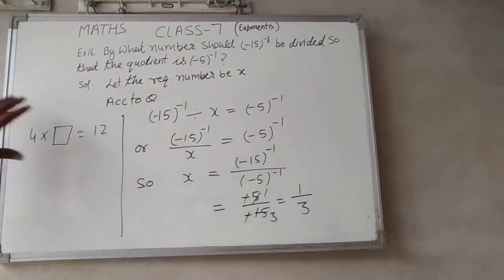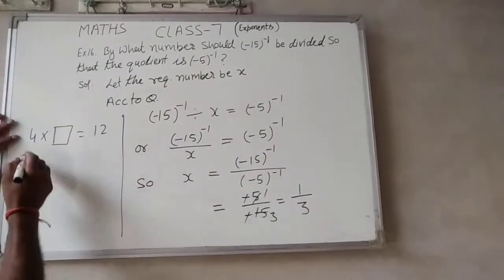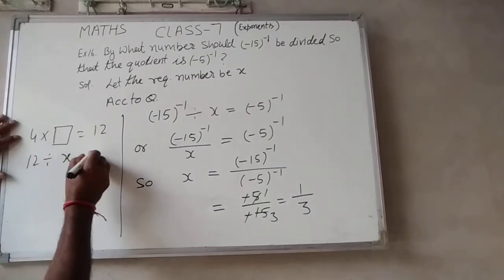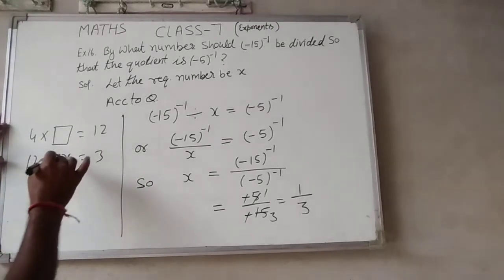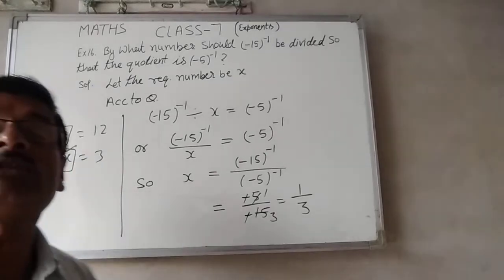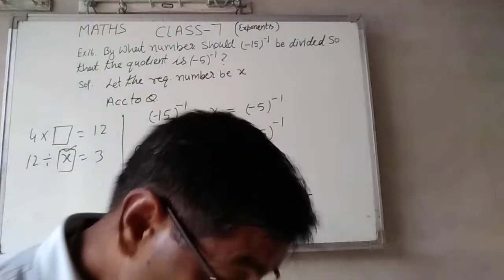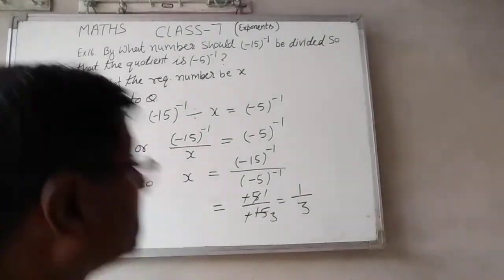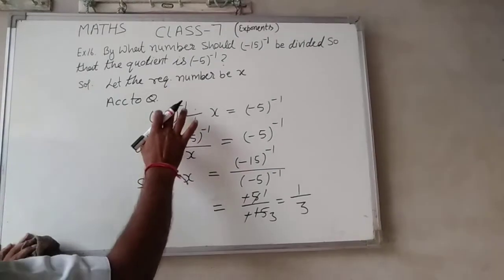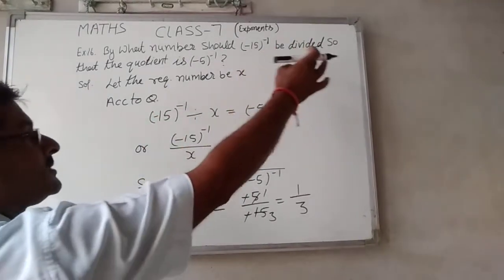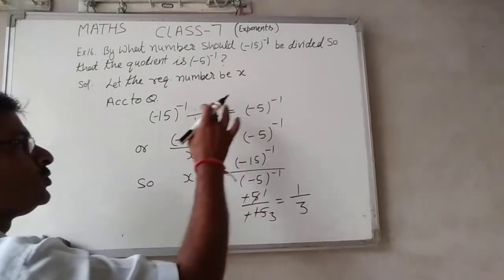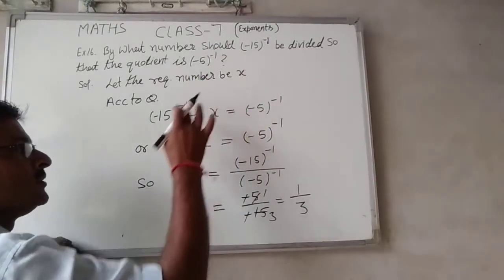And when it is given that we have to divide by some number to get quotient 3, then to find this number, you divide the dividend by the quotient to get the divisor. So here minus 15 to the power minus 1 is the dividend, and minus 5 to the power minus 1 is the quotient. So to get the divisor, you divide.